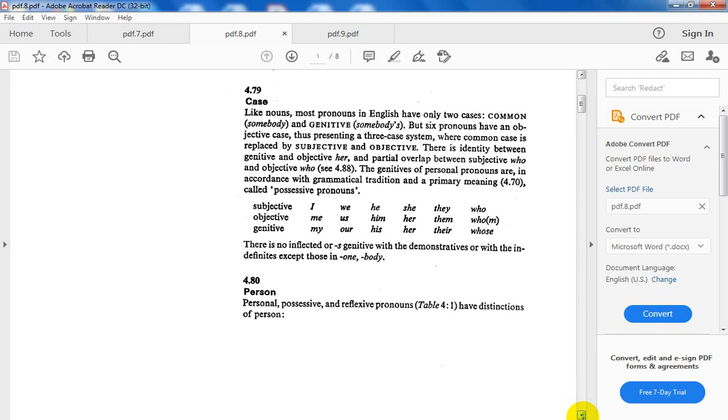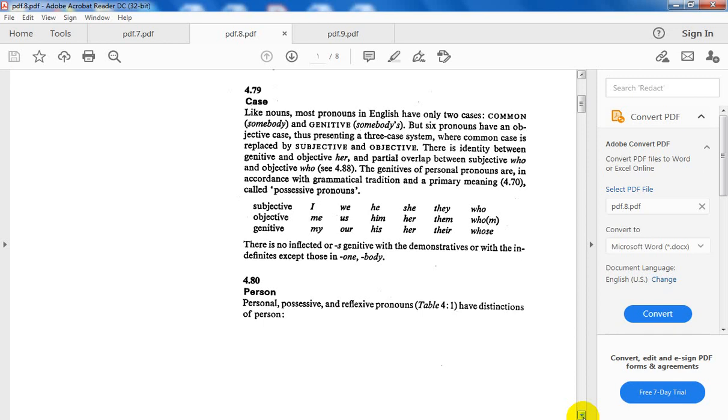Again, only 6 pronouns have an objective case.